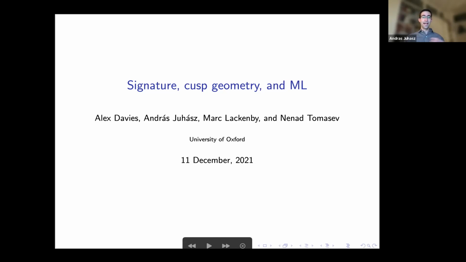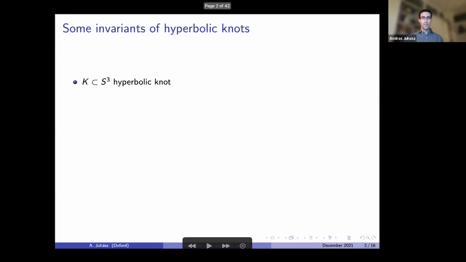And what I'd like to focus on is the process that we used in order to find these results, as this is a technique that we believe can be useful in other areas of mathematics. So this is joint work with Alex Davis, Mark Leckenby, and Nenad Tomashev, where Alex Davis and Nenad Tomashev work in machine learning at DeepMind.